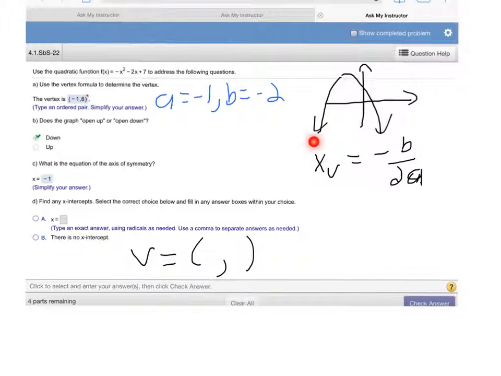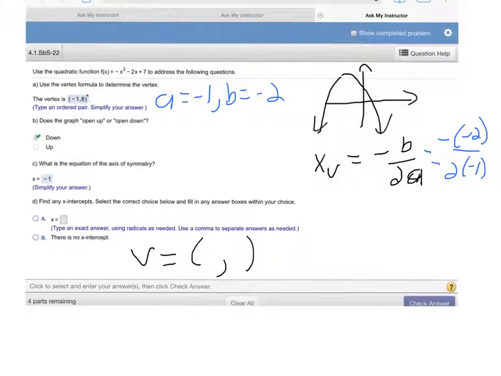So I put those into this formula, and out comes the vertex. Got to be a little careful. It's minus b, and b is a negative 2, so it's minus a negative 2 over 2 times negative 1.